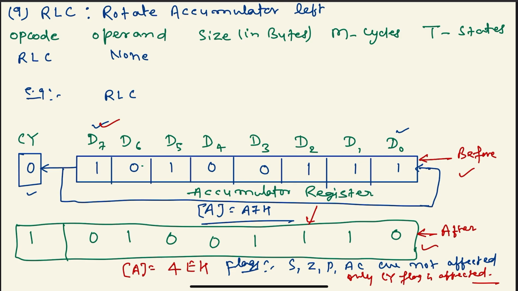Now we'll talk about its size. As a size, it consists of only the opcode, so its size will be 1 byte only. Now if we talk about its machine cycle, it requires only the opcode fetch. For the execution of RLC, the microprocessor needs only the opcode from the memory chip, and after that everything is available inside the processor itself.